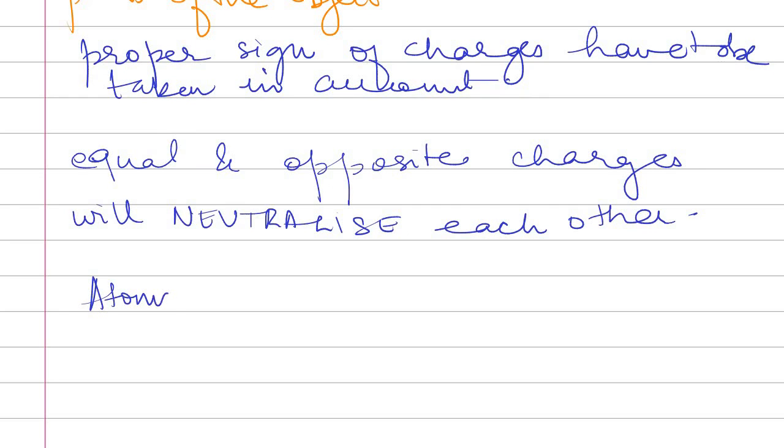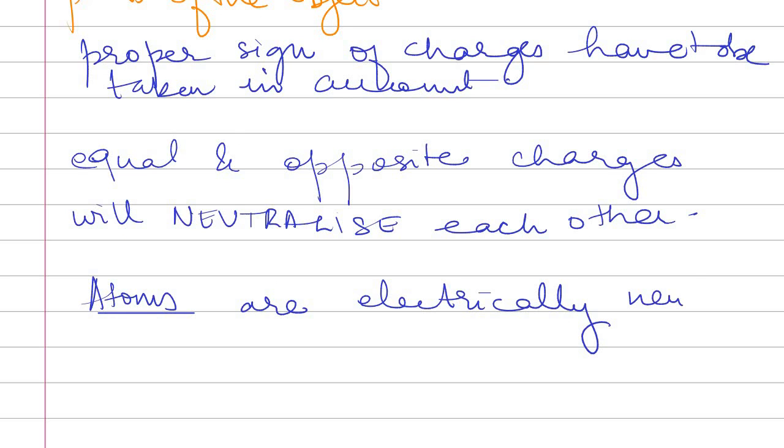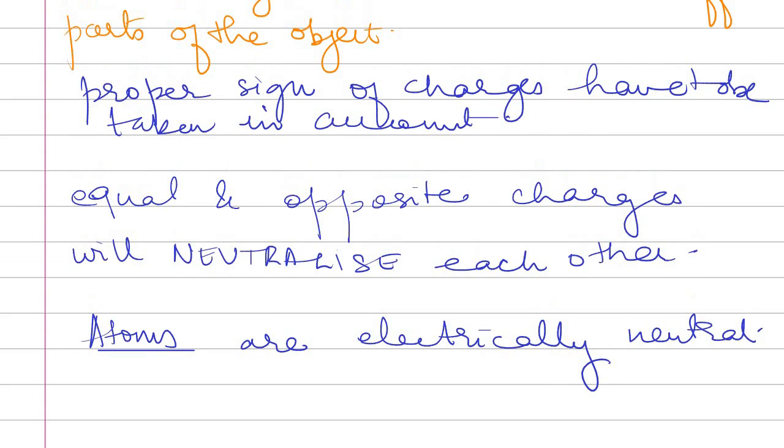Atoms are electrically neutral because the positively charged nucleus has exactly the amount of positive charge as the number of electrons which are rotating outside the nucleus. So neutral. It's just a concept which I had to mention. Not much of a problem here.